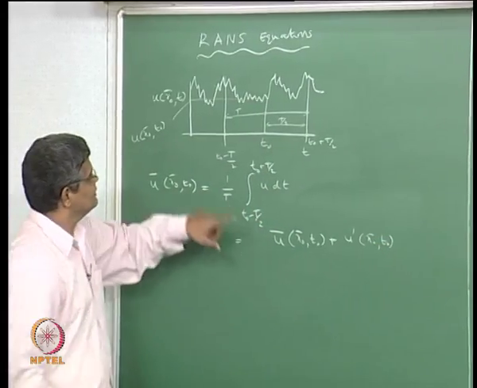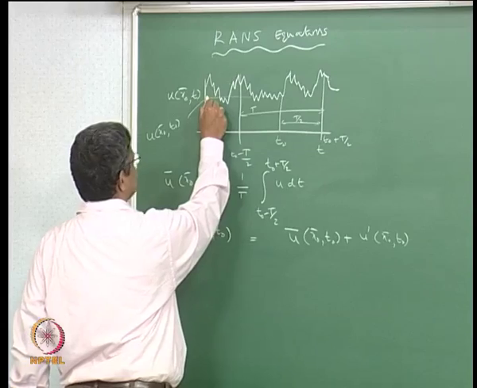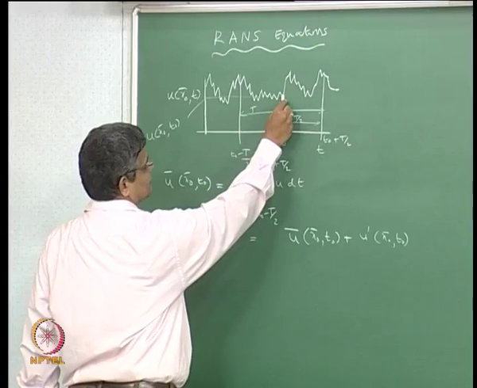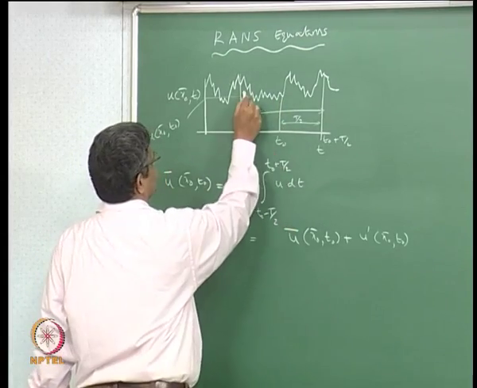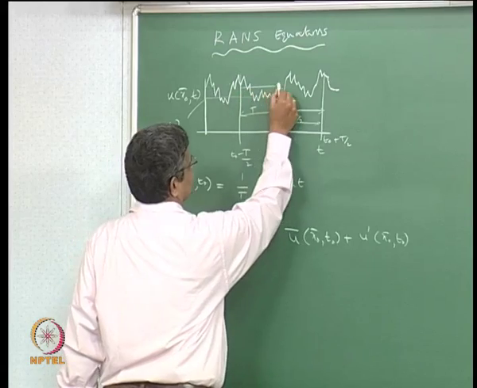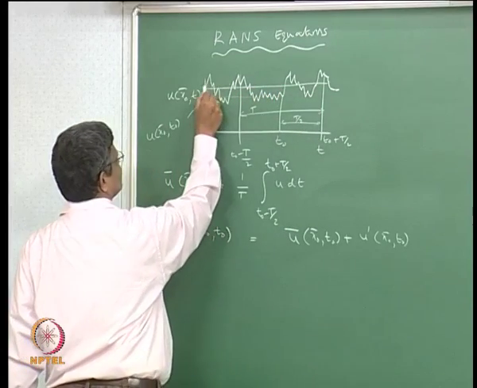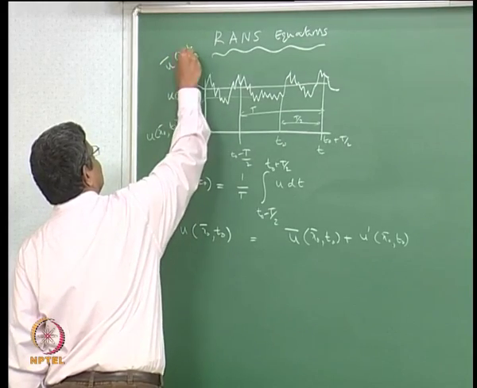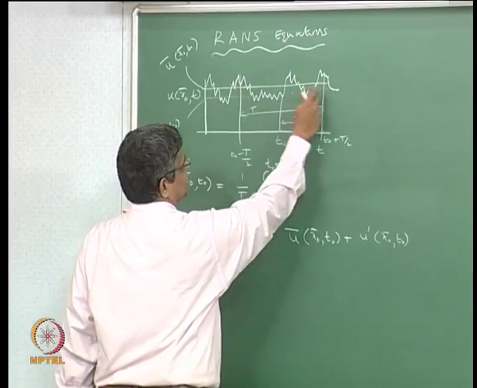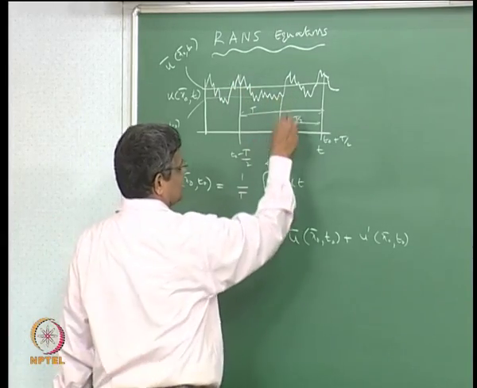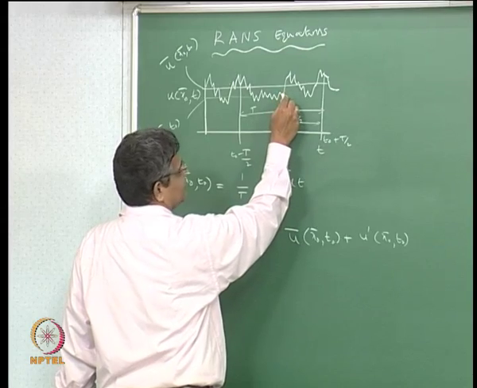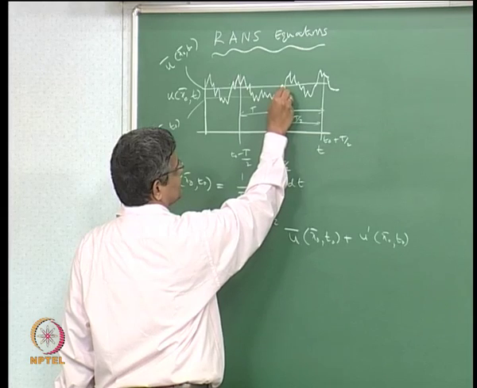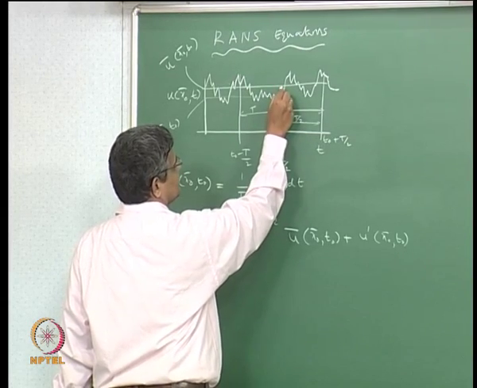Now what are these things? Obviously this was the u at x naught t naught here, and the average velocity may be this one. So this value here is the average velocity, which is averaged over this thing, and the difference, what is left out of u after the averaging, so that is this much here, this interval.